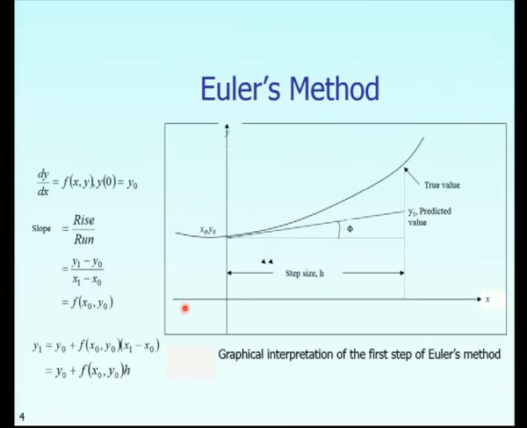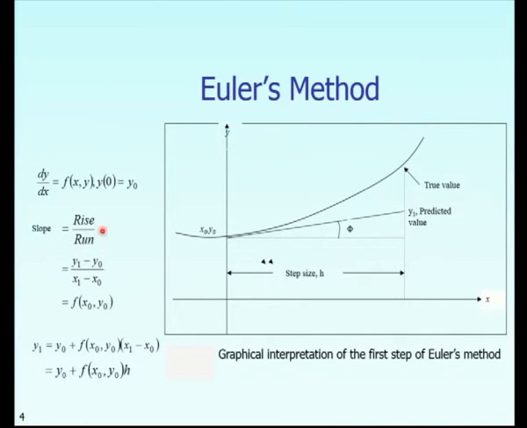The main method which we are going to see first is Euler's method. It is named after the famous mathematician Leonhard Euler, and basically the idea behind the method is that y is expressed in terms of derived slopes. So, what is slope? Slope is the rate of change of y with respect to the corresponding change in x.